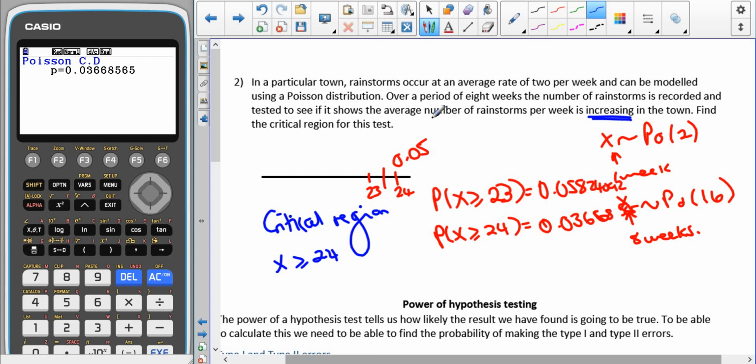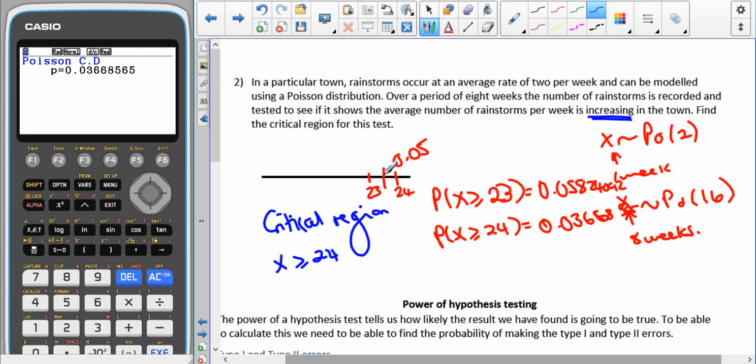This time it doesn't tell us the significance level. Remember, if you're not told the significance level, that means that you are using 5%. An increase, so we're looking at this side with our 0.05. When we use inverse P, our area is 0.95 because it only does the area to the left, which gave us 23. Looking at the probability of x being greater than or equal to 23 gave us 0.05824092, which is too big.